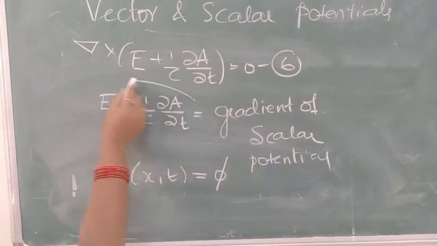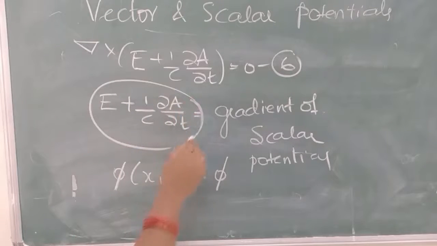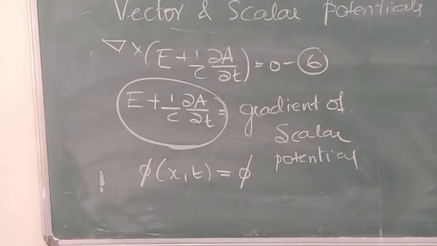This term is called the gradient of scalar potential, where phi is given by phi of x comma t, and also written as E is equal to minus del phi.